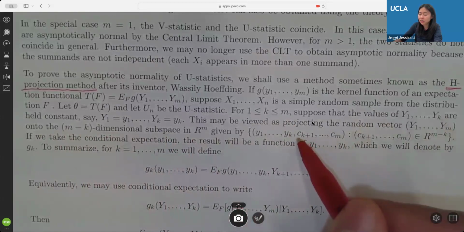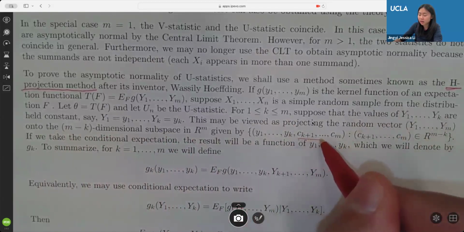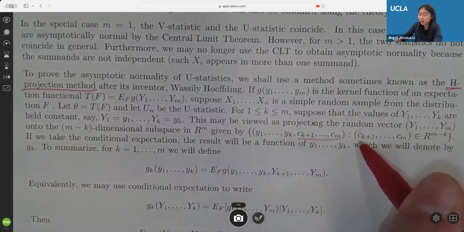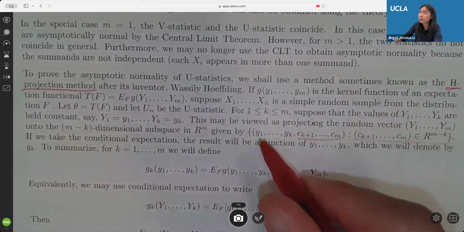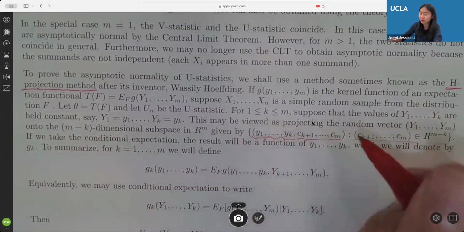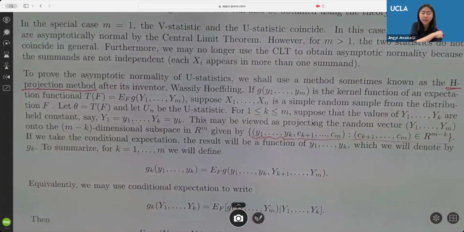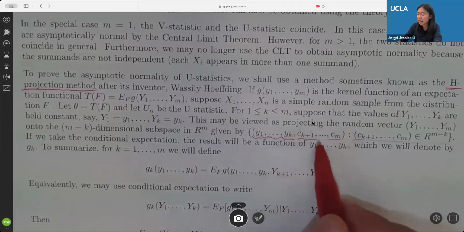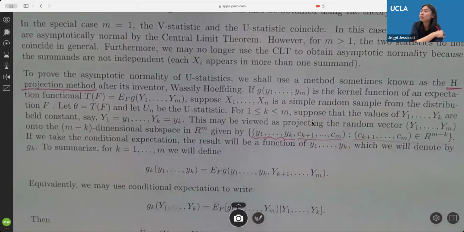So only these m minus k dimensions can vary, and the first k dimensions are fixed. In this case, if we take the conditional expectation, the result will be a function of y1 to yk. So we only take expectations for the latter m minus k dimensions, which we will denote by g_k.